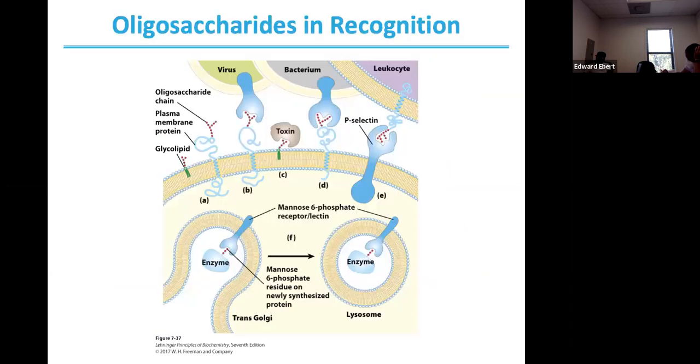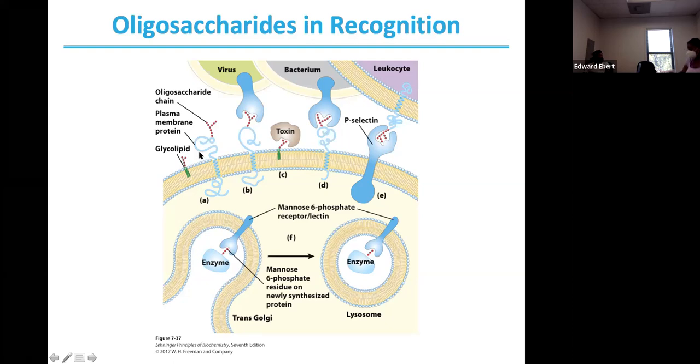All right. So there's a lot of ways that our oligosaccharides can participate in cell life, cell metabolism. And this is just a very brief introduction. I'm not going to go into any detail about any of this, but we're going to talk about glycolipids up here.